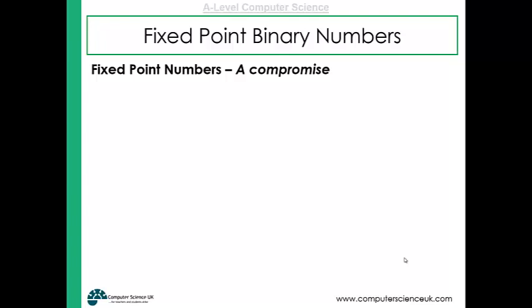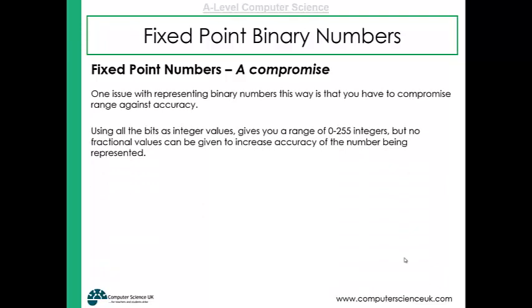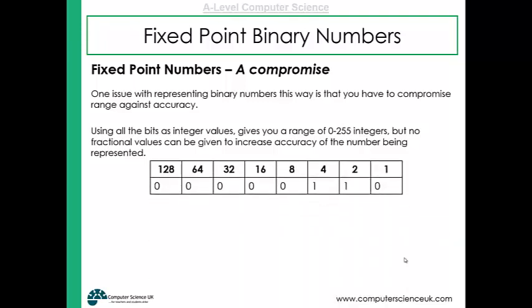Now, what we do need to recognize with fixed point numbers is that we always have a compromise between the range of numbers that we can represent, if we're using a byte for example, and the degree of accuracy. So if we use all the bits as integer values, that will give us a range of 0 to 255 possible integers to represent, but no fractional values can be given to increase the accuracy of those numbers being represented.